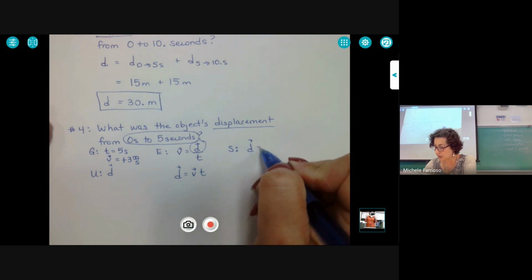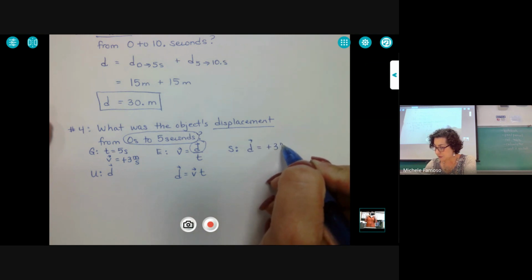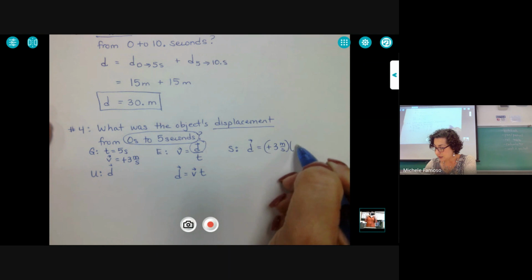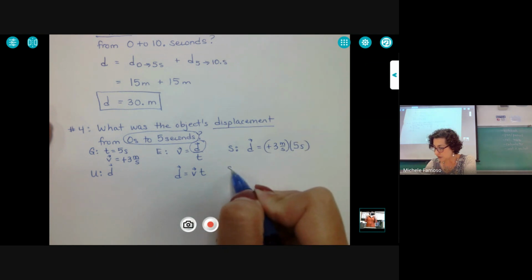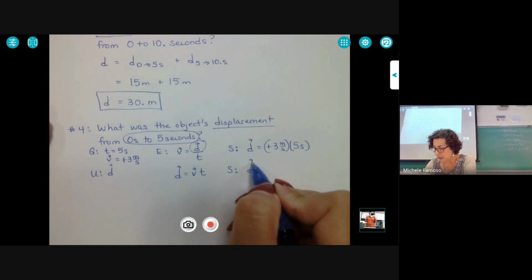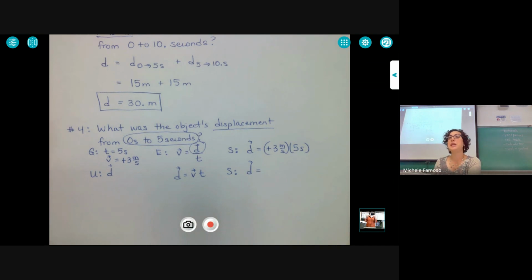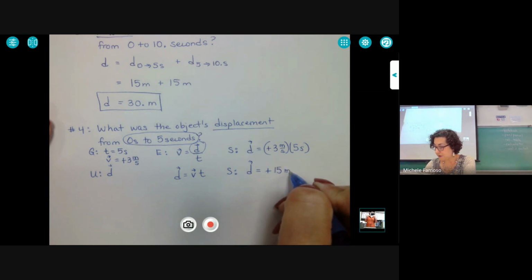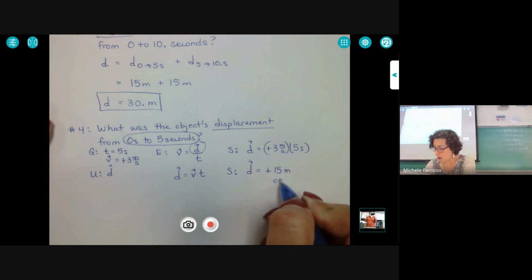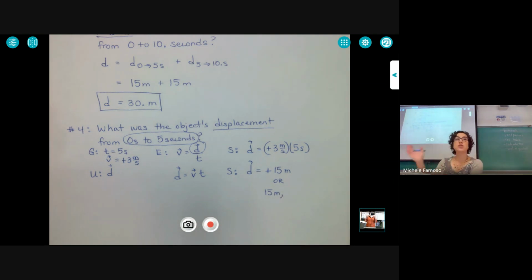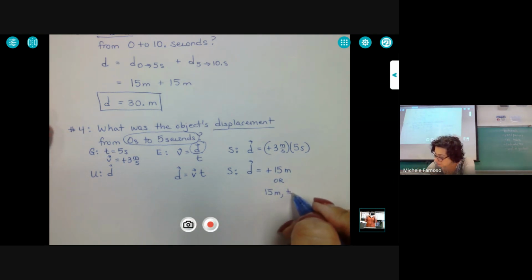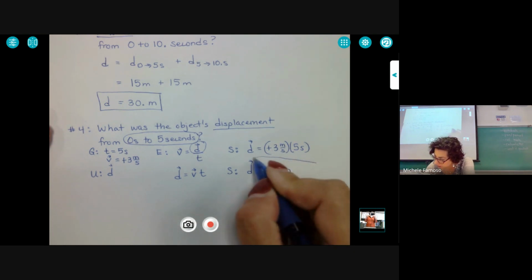So the displacement is therefore positive 3 meters per second times 5 seconds. Don't worry about the sig figs, but what is the answer for the displacement? Positive 15 meters, or 15 meters. We're talking about left and right motion to the right. You could give me either answer and that would be accepted.